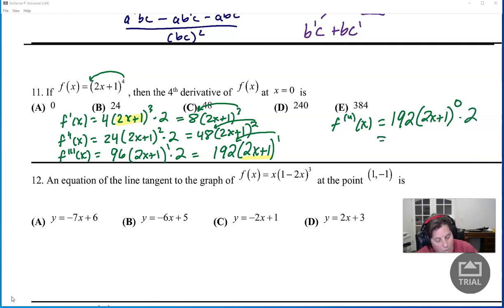Okay? Well, 2x plus 1 to the 0 is just 1. And 192 times 2, I'm going to guess it's 384. Yeah, it is. It's 384. So that's my fourth derivative, okay? Numbers got a little big on us there, but not too bad, right? Okay, sweet.